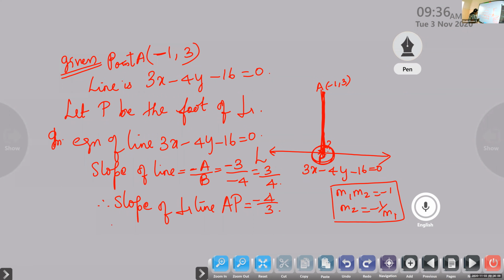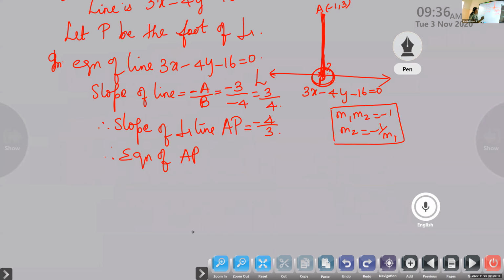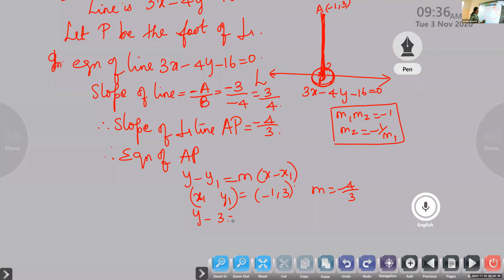Now, what is the equation of AP? We can use the formula y minus y1 is equal to m into x minus x1. The line passes through the point (-1, 3), and m is equal to minus 4 by 3. Applying here, y minus 3 is equal to minus 4 by 3 into x plus 1.